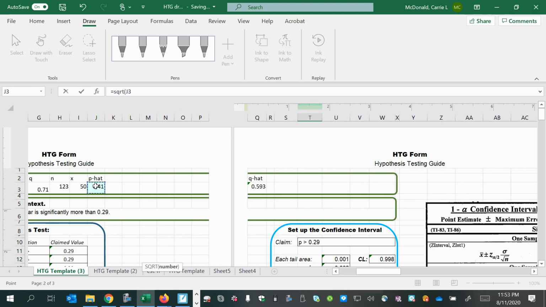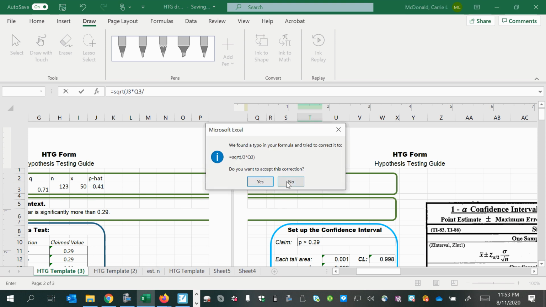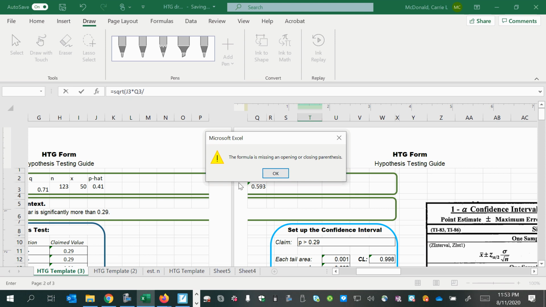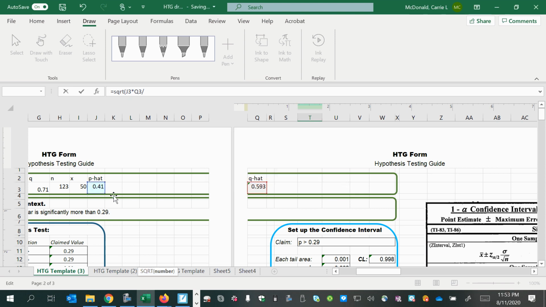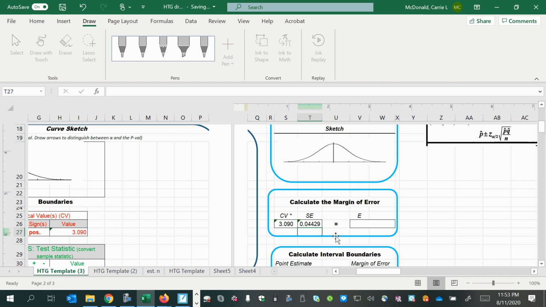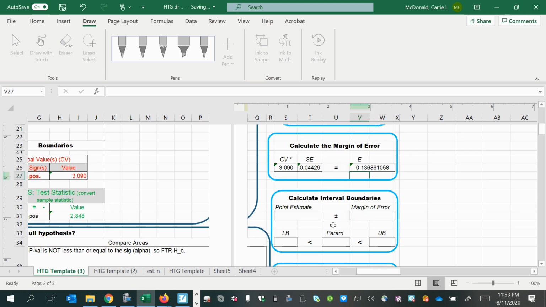So p hat times q hat divided by n. I'm not done yet. I've got to put this n here and close the square root. So now I can multiply my critical value times my standard error. That gives me my margin of error.